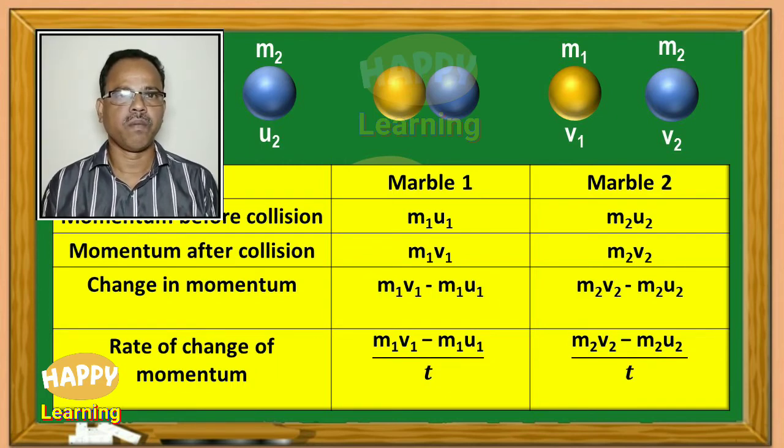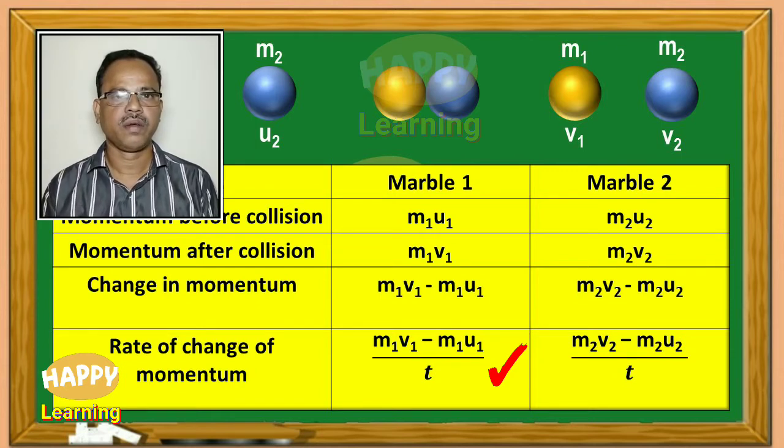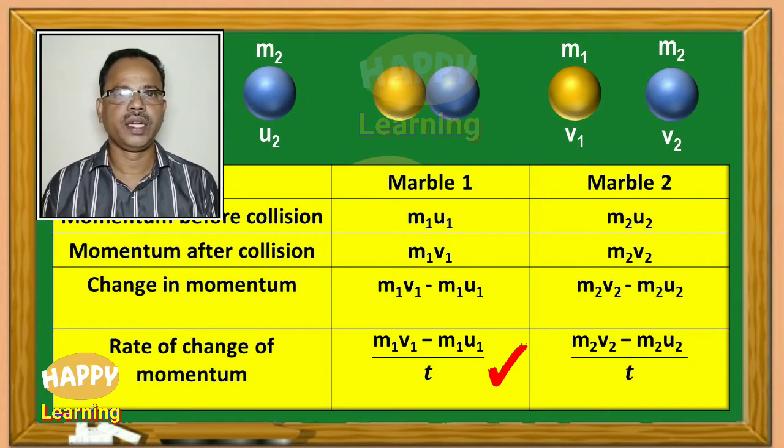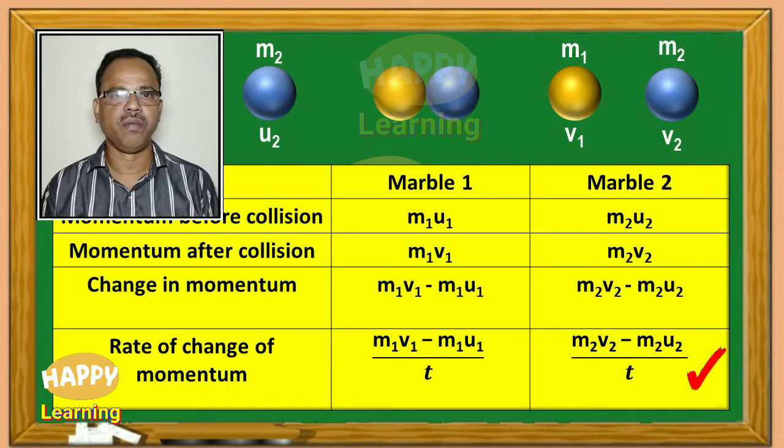So, for marble 1, the rate of change of momentum is, write in the numerator change in momentum, that is m1 v1 minus m1 u1 divided by, in the denominator, write time t. So, m1 v1 minus m1 u1 by t. And similarly, for the second marble, rate of change of momentum will be m2 v2 minus m2 u2 divided by t.